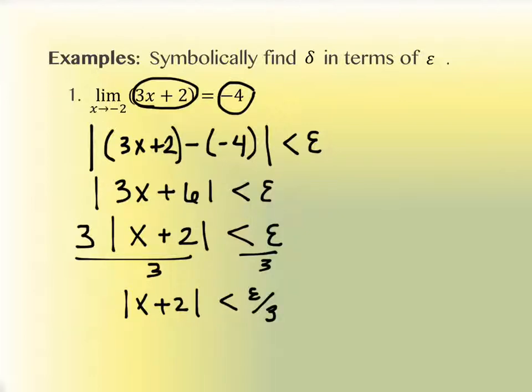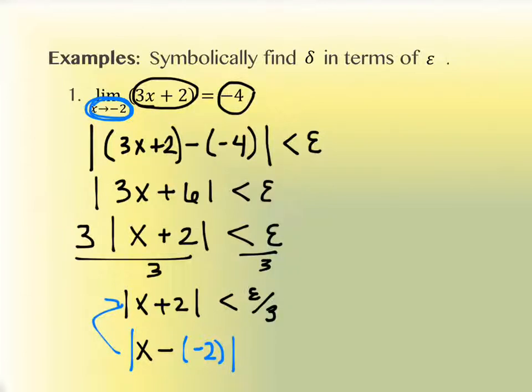And here's the beauty. If you did the algebra right, if you factored right, if you simplified the addition right in there and so forth, what you will always end up with is the x value minus what the x value is supposed to be approaching. Do you see it? Where we end up at this point should be x minus -2.